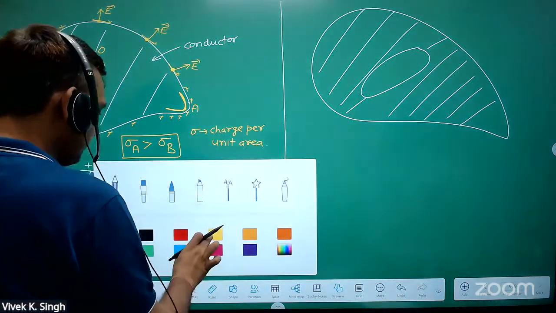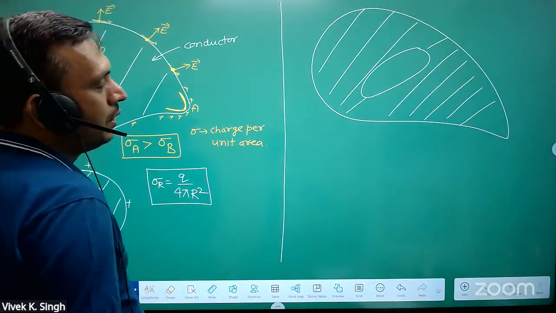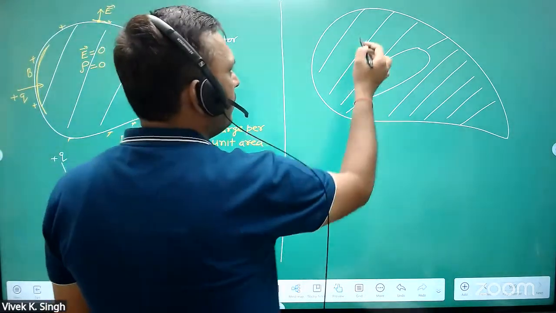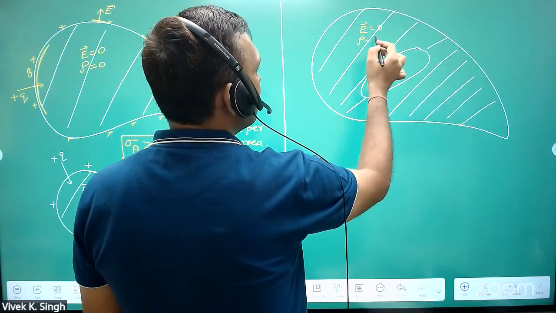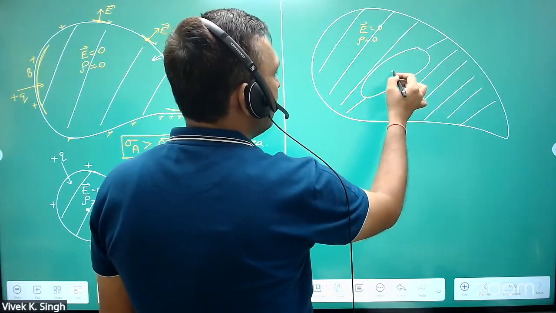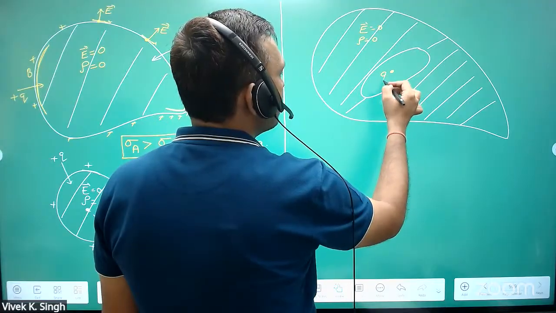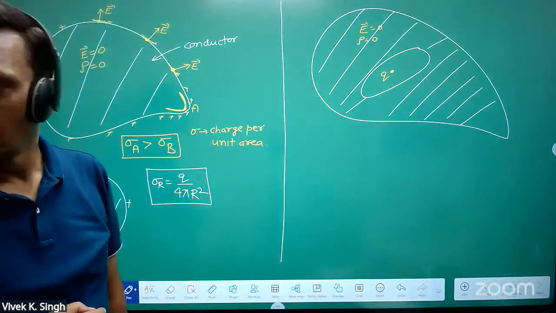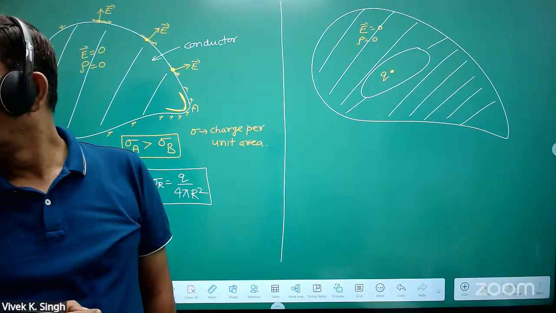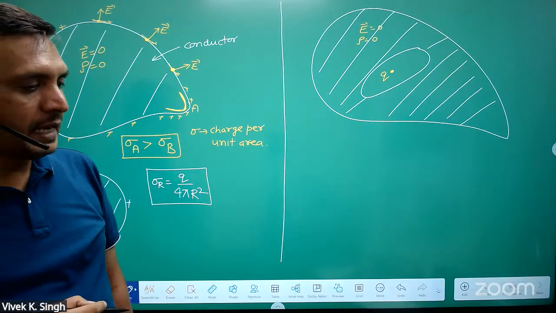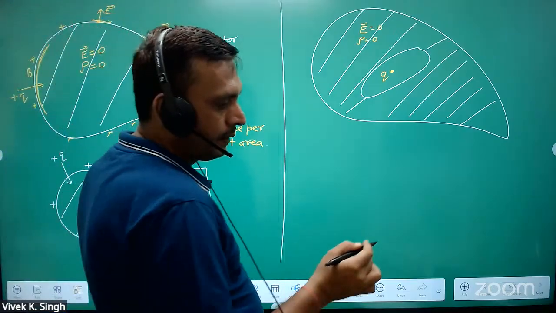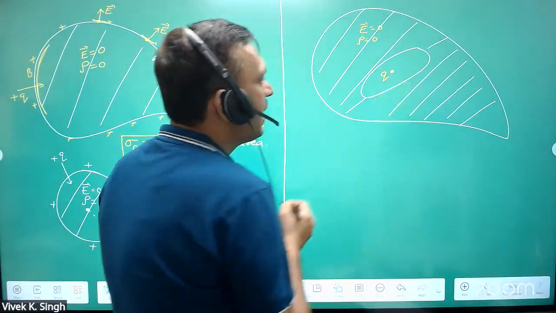So you know that it's a conductor, so inside electric field is 0, charge density is 0, and there is a cavity. Inside the cavity I have placed a charge q.